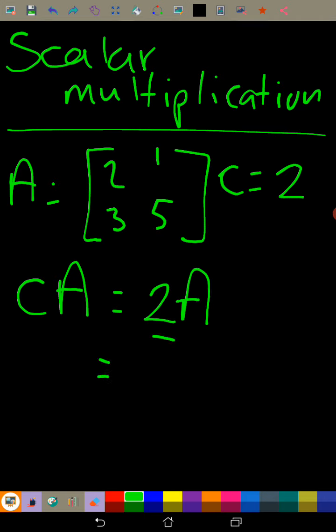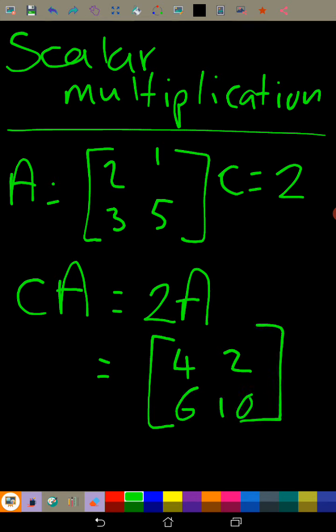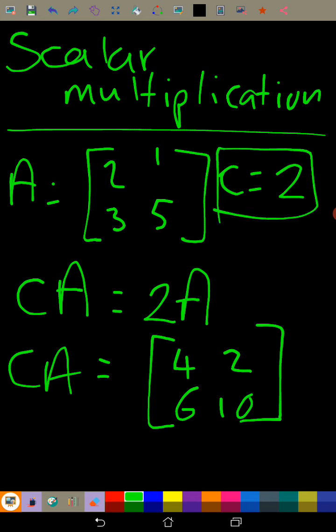Then it is equal to 2 times 2, 4. 2 times 1, 2. 2 times 3, 6. 2 times 5, 10. So we have CA is equal to 2A because the value is equal to this.